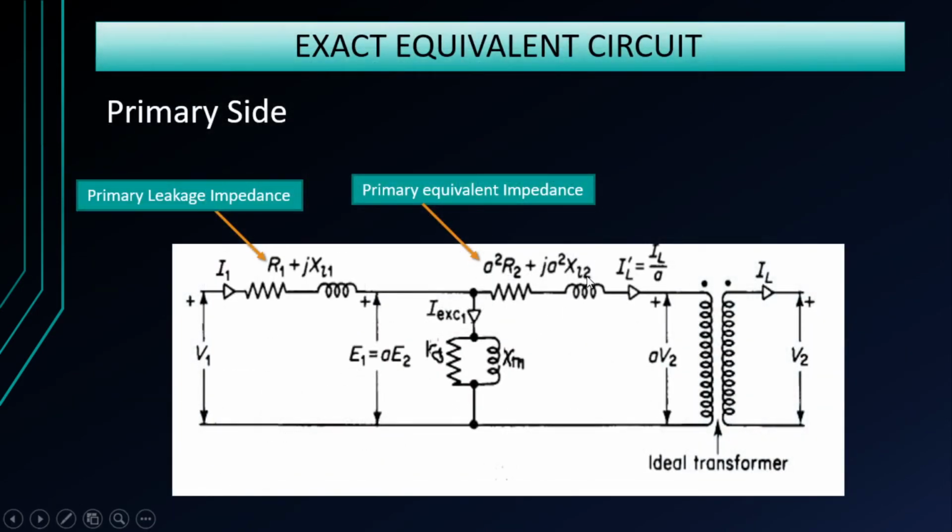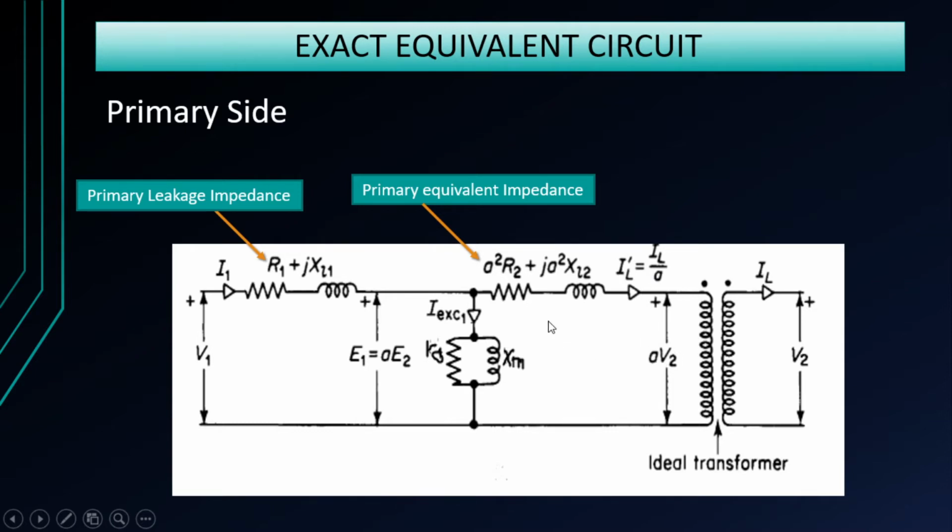So, after that, we have here the I sub L prime equal to I sub L over a. I sub L is the effective secondary current. Yung effective secondary current, makukuha natin yan using here.